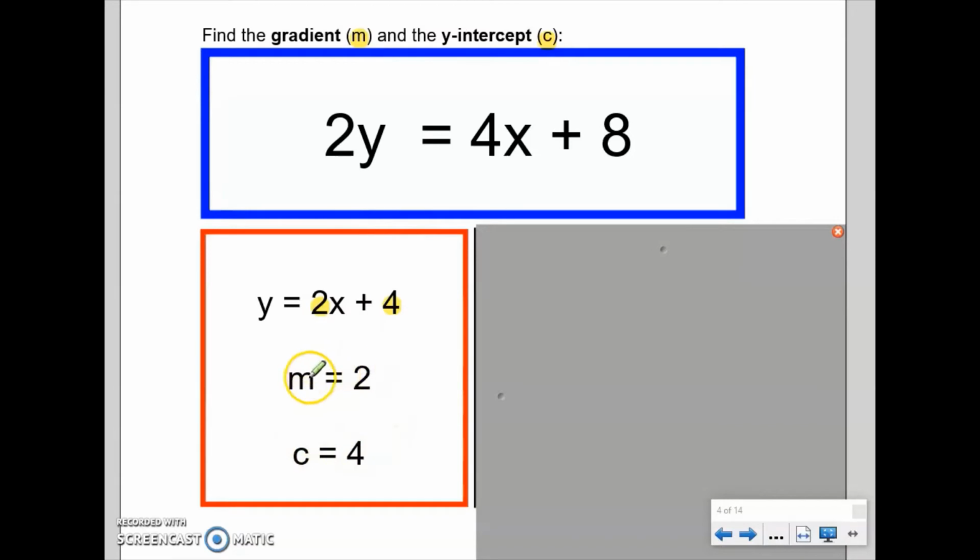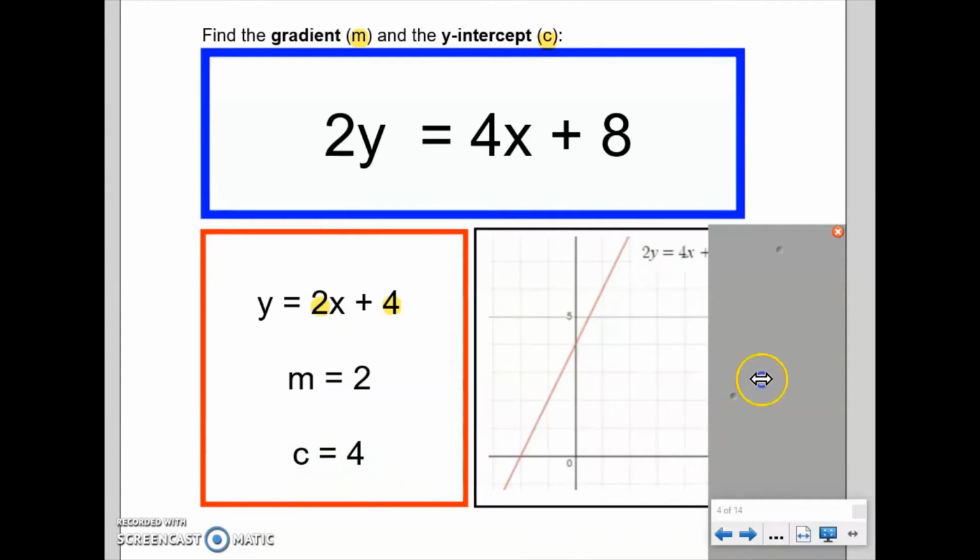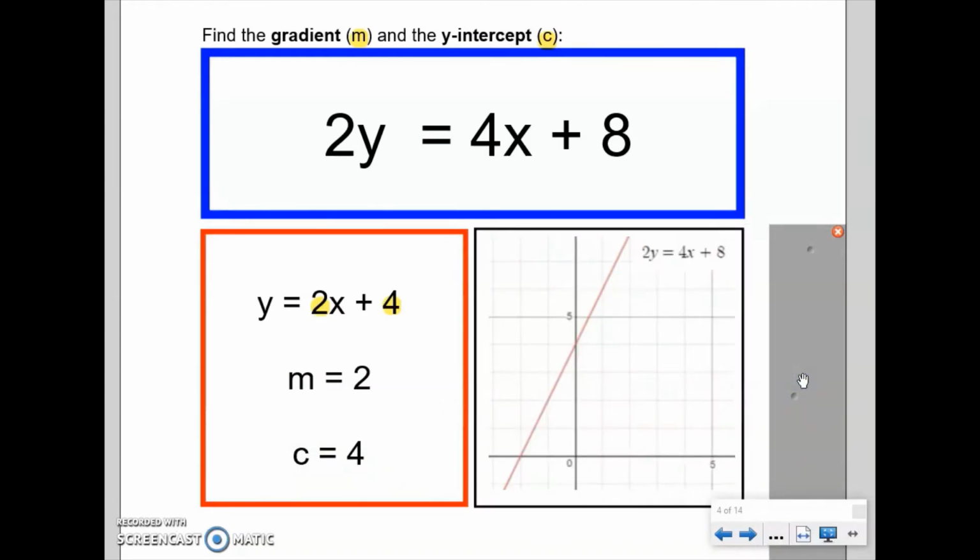So then if we took these values, gradient of 2, y-intercept of 4, and had a little think about the graph of 2y equals 4x plus 8, this is what the graph would look like. And you should be able to sketch this graph from these two bits of information. First of all, we know this point. The y-intercept is 4. We're dealing with a positive gradient, so we're expecting the line to go uphill, and it's a gradient of 2.